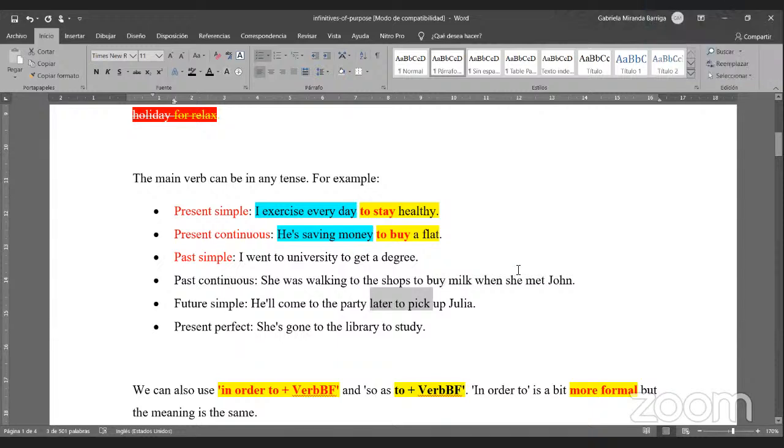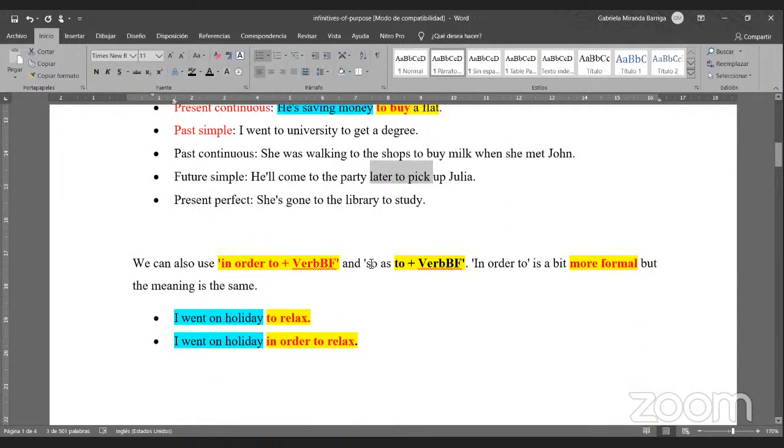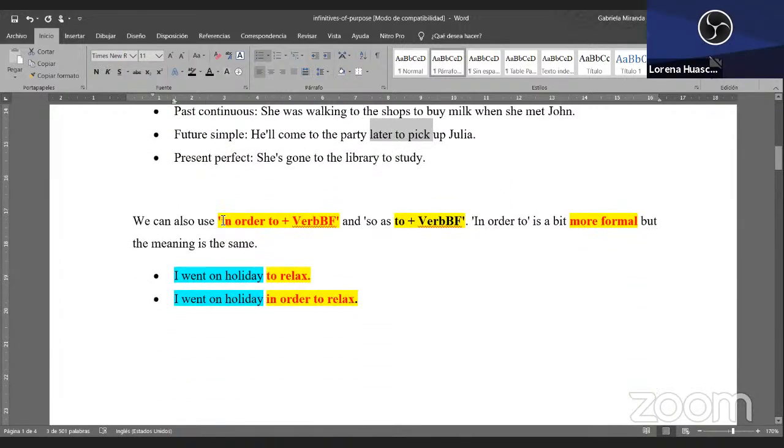The other is in order to. This in order to means the same as to plus the verb in base form. So this is a little bit longer, but it means the same. Para and the verb in base form, right? But what is the difference between to and in order to?